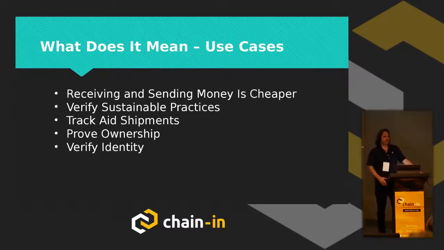So what does this mean? This means that using blockchain technology, you are able to do a bunch of interesting things that you weren't able to do before without having to rely on supposedly independent third parties.